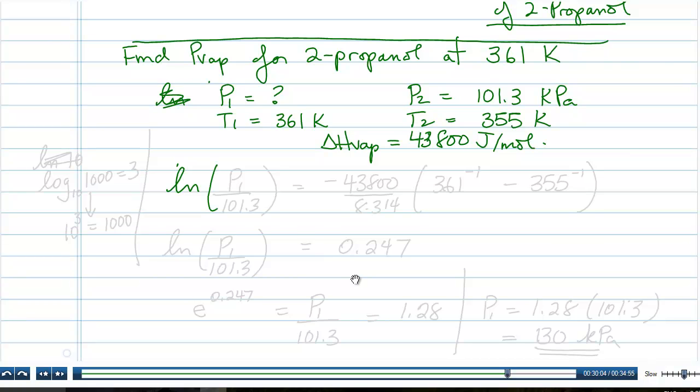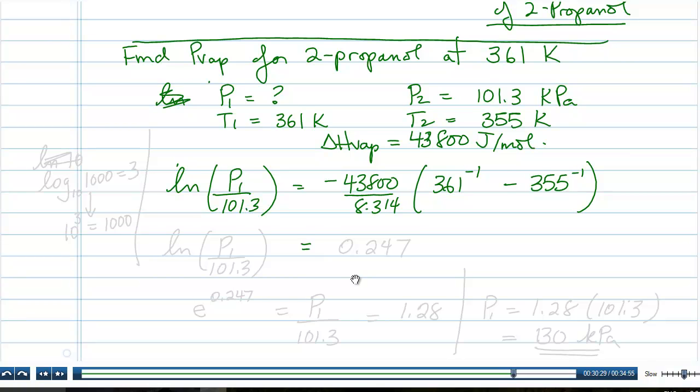The natural log of P1 over 101.3 is negative 43,800 over R times T1 to the minus 1 minus T2 to the minus 1. Now everything on the right-hand side can just be evaluated.